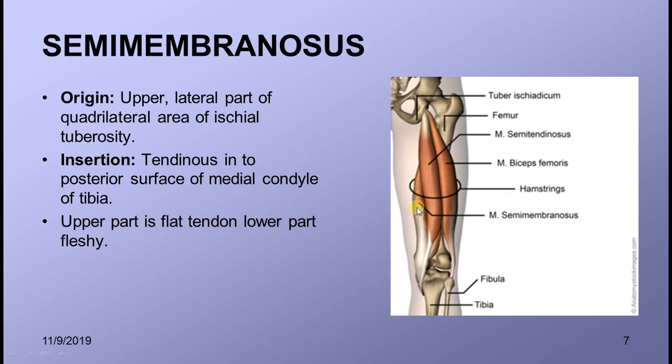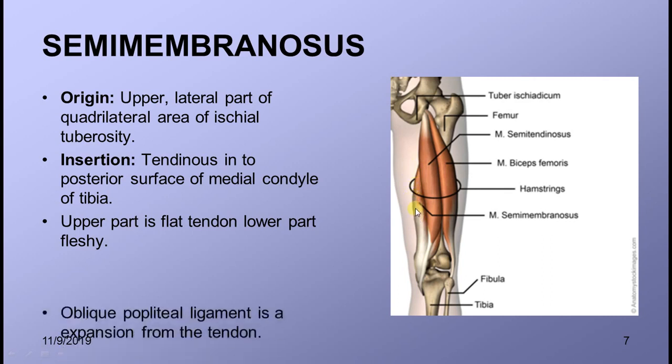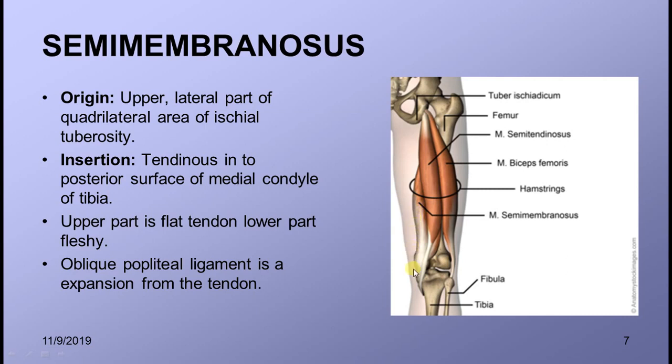The lower part becomes very fleshy, and it is called semimembranosus because half of the muscle is membranous. Near the insertion, there is an expansion from this tendon which passes laterally as the oblique popliteal ligament. So the oblique popliteal ligament is a tendinous expansion from the semimembranosus muscle.